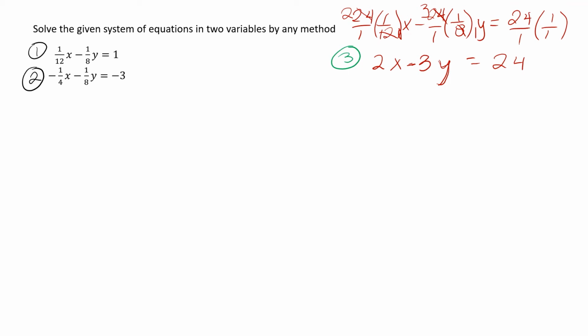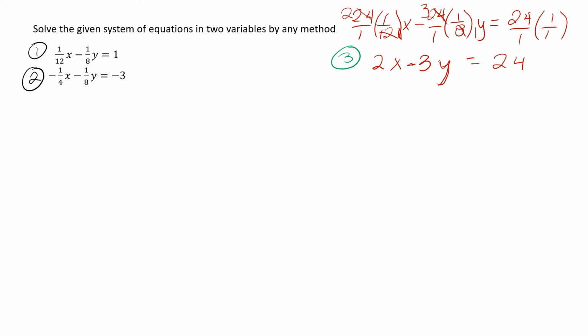I'm going to do the exact same thing I did to number 1. So I need to find a number that each of them goes into. Well, 4 goes into 8, and 8 goes into 8, and of course 1 goes into 8, so I can use 8 to multiply by. So I'm going to rewrite it.